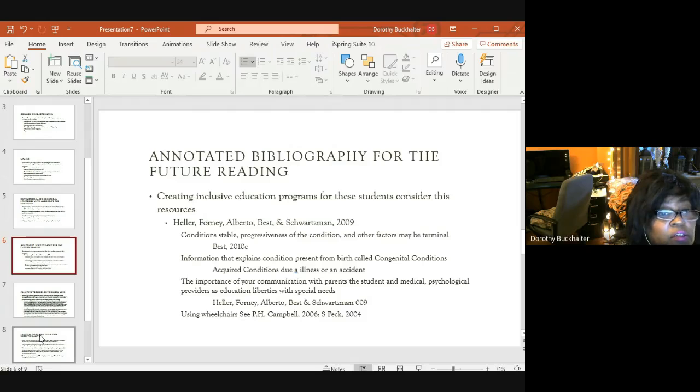Information explains conditions present at birth, called congenital conditions, and acquired conditions due to illness or accident. The importance of your communication with the parents and students, medically, psychologists, provides education, liberties with special needs.